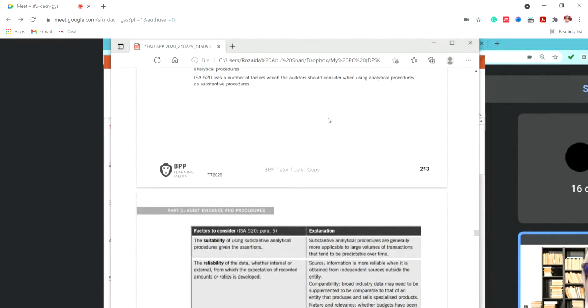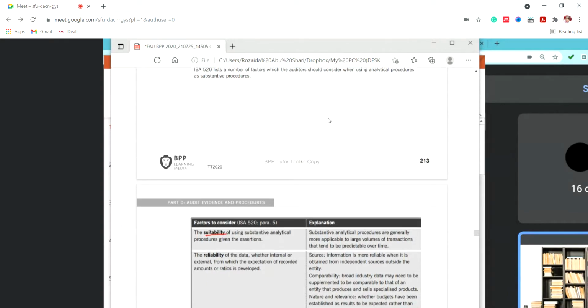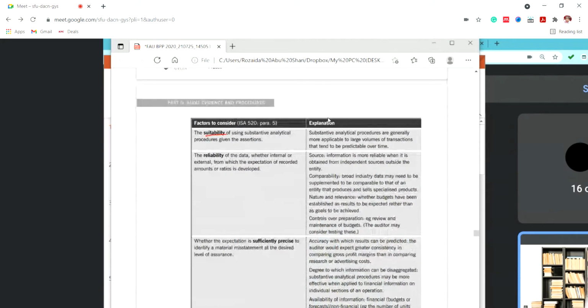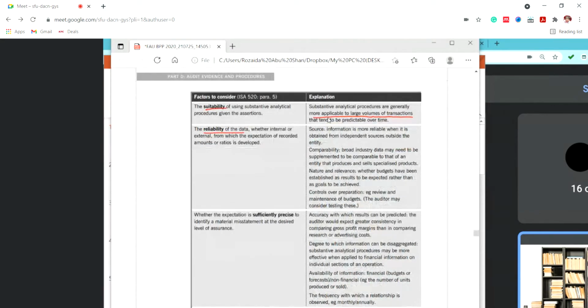So when you think that it is suitable of using substantive analytical procedures, it is more applicable to the large volume of transaction. Okay, and then when you think the reliability of the data is necessary, okay, you need to get more reliable audit evidence, then you perform the analytical procedure.